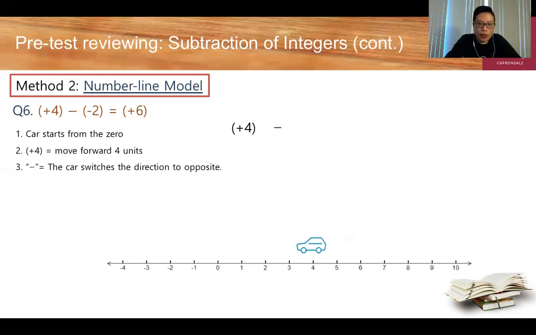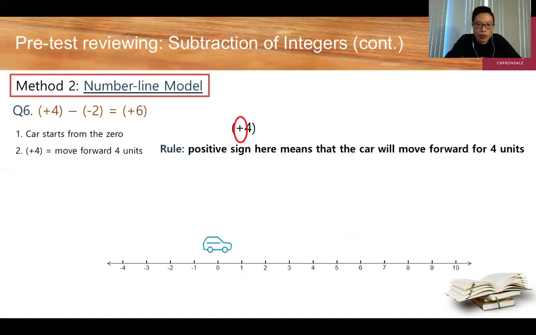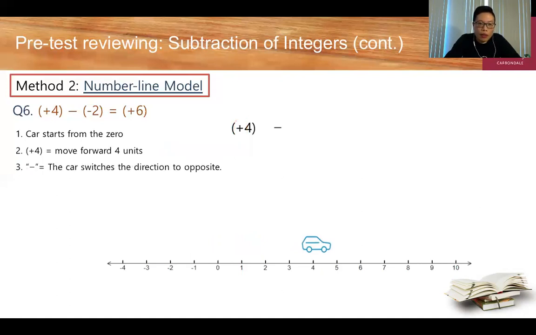Okay, let's do this again. We start from +4, so the car starts from 0, and +4 means the car will move forward 4 units. Okay, and then the minus sign means the car will switch direction to the opposite direction.